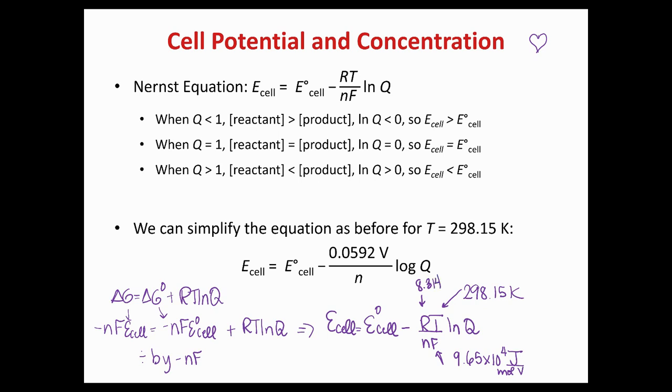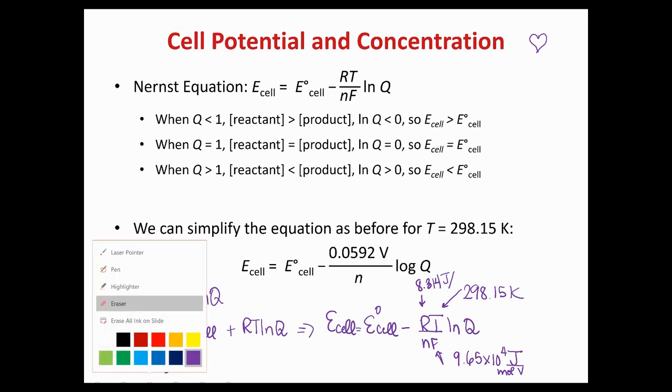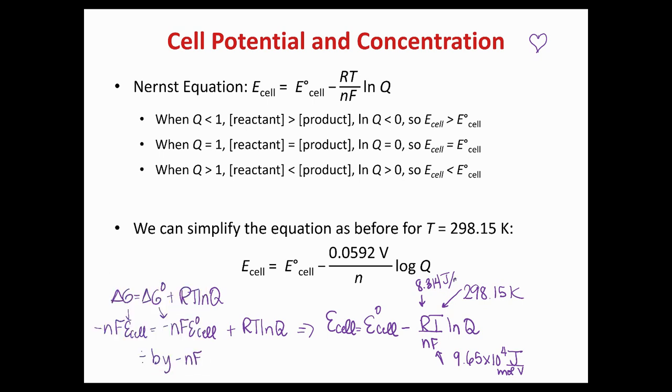So you see how everything in this is pretty much a constant except for n. So things are going to cancel out from this, the temperature with here, the moles. Okay, so things cancel.